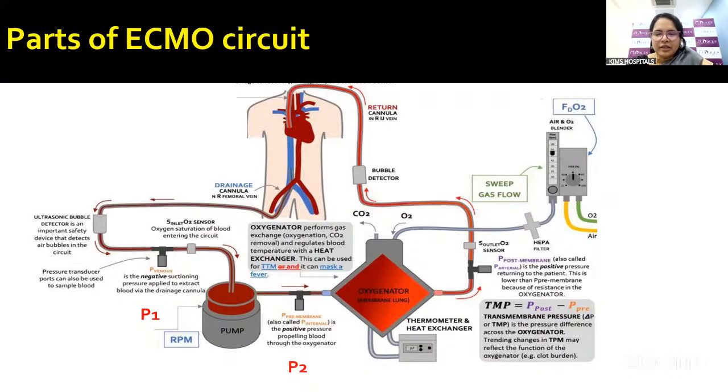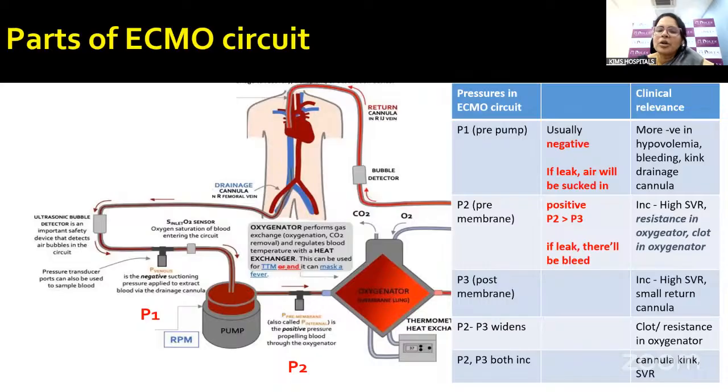Now, having said that, P1 or pre-pump pressure can become more negative in conditions like hypovolemia. So severe hypovolemia, blood loss, or when there is a kink or obstruction in the drainage cannula, in the drainage catheter, P1 pressure can become more negative. And when this happens, we may find that the ECMO flows are coming down.